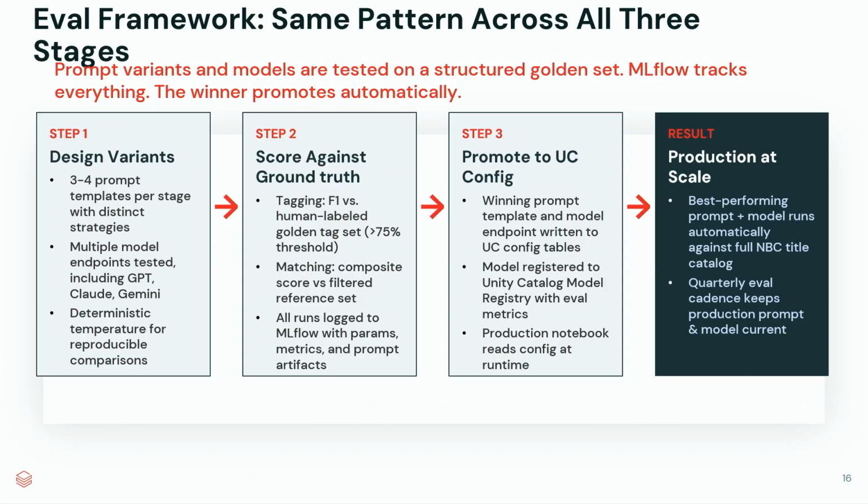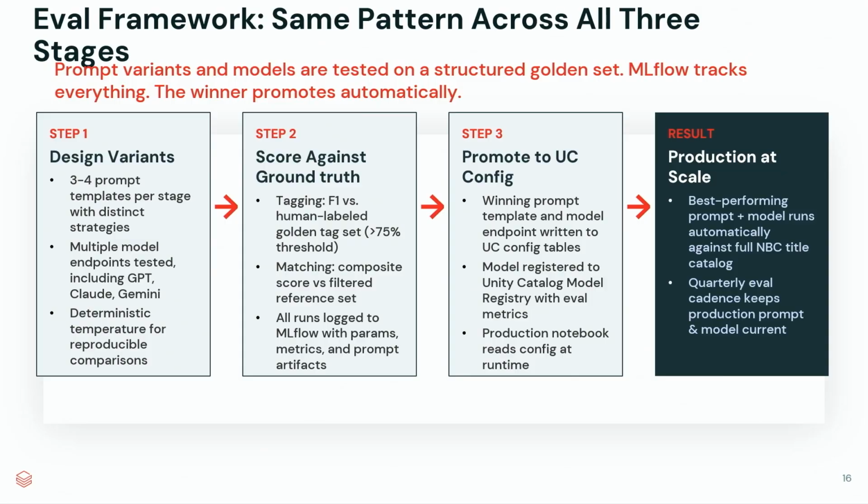What defines the winning is that it's assessed against a human-labeled ground truth. We're pretty fortunate at NBC to have some resources that do content tagging, and there are other contextual efforts beyond just this. So we have a fairly rich set of titles that have been human tagged and verified.